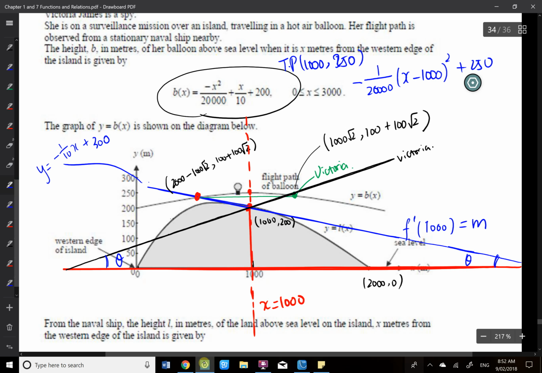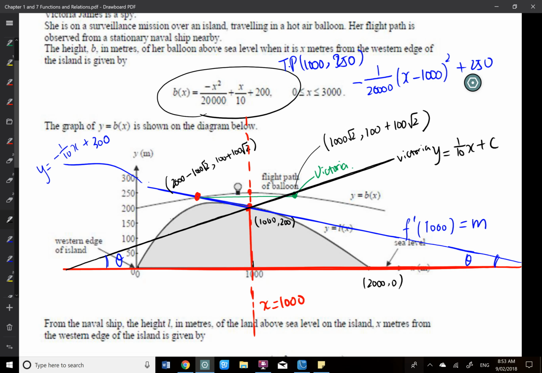So this black line must be y equals 1 over 10x plus something. I don't know what the something is, but it must be 1 over 10x plus c because of the symmetrical property. Okay, that's two lines symmetrical. So this one is positive, this one is negative. That's negative 1/10, so that one must be positive 1/10 as well.